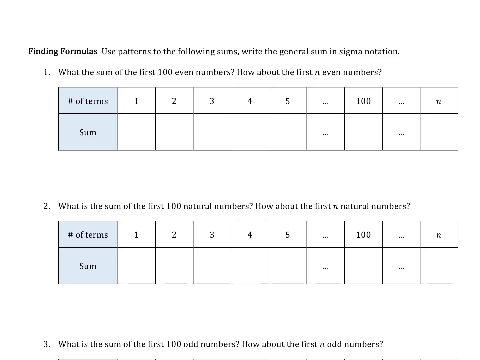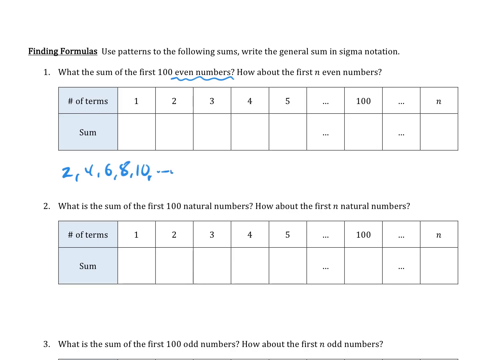Now, to help us to understand or to simplify some sigma notations here, we need to look at certain patterns. So we're going to start by looking at the sum of the first 100 even numbers. So the even numbers are 2, 4, 6, 8, 10, and so on and so forth, of course.